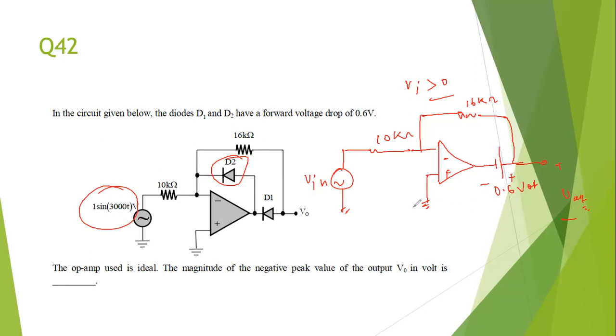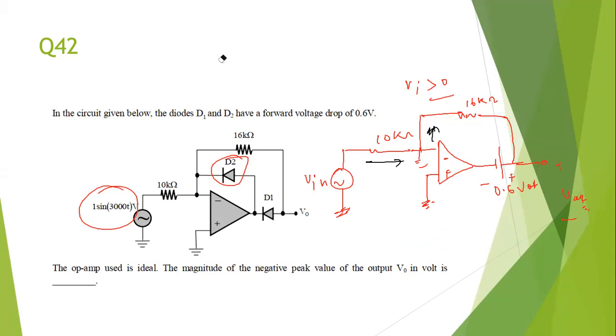So you can say here, this is V in, this is ground. This current equals this current. So V in minus 0 by 10K plus 0 minus V output divided by 16K equal to 0. Better to just apply the KCL here.